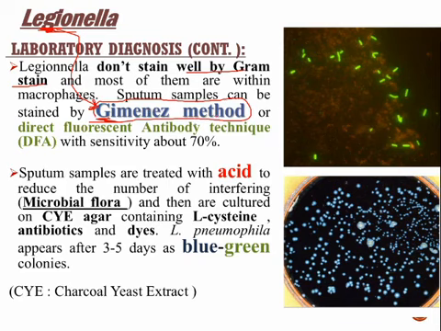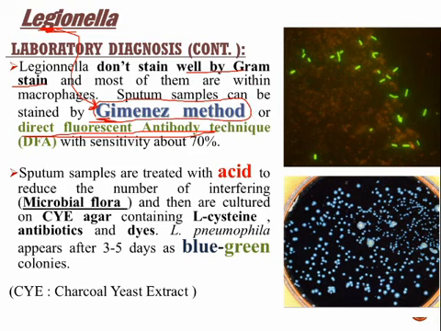The second test we can do is direct fluorescent antibody technique. It's very straightforward: direct fluorescence, unlike indirect immunofluorescence. We have an antibody, which we have actually explained before, attached to a fluorescent probe.